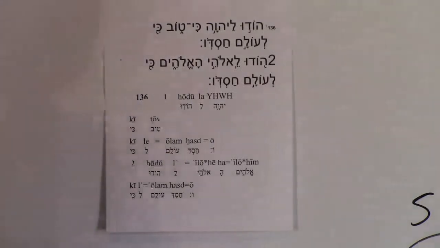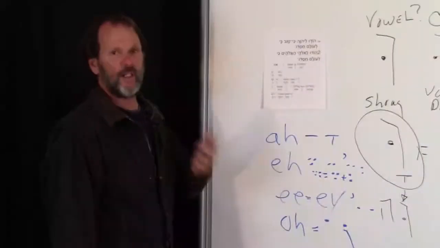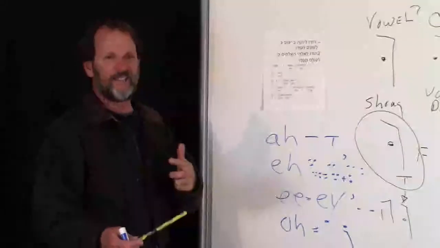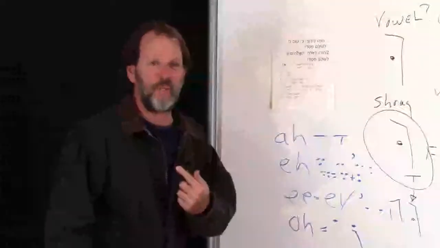Now, what I want to do real quickly in the time that I have remaining, how much time do I have? In the time I have remaining, I just want to show you another way to do your transliteration. This kind of reverses things, and it's easier for some people.